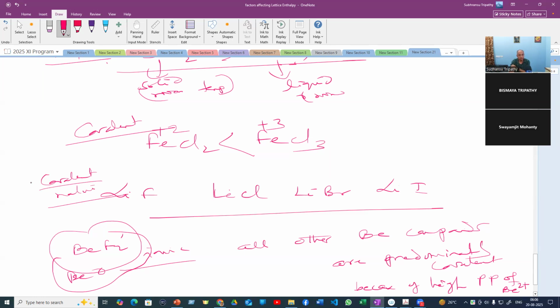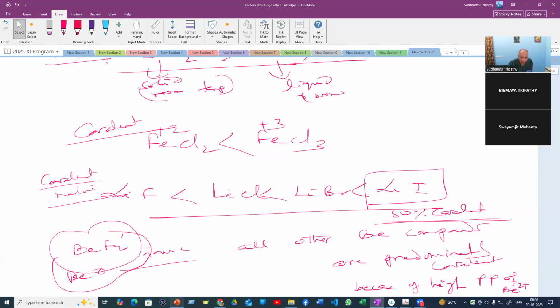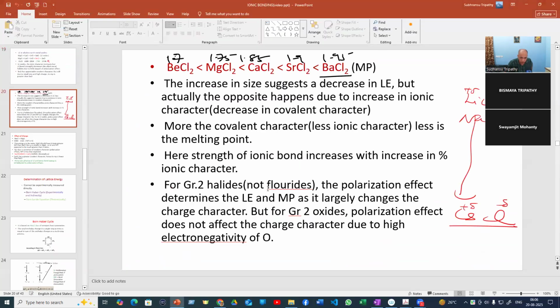Sir, lithium iodide. Yes. Lithium iodide is 50% covalent and 50% ionic. Lithium ion has appreciable polarizing power, and the iodide ion is too hefty, with high polarizability.